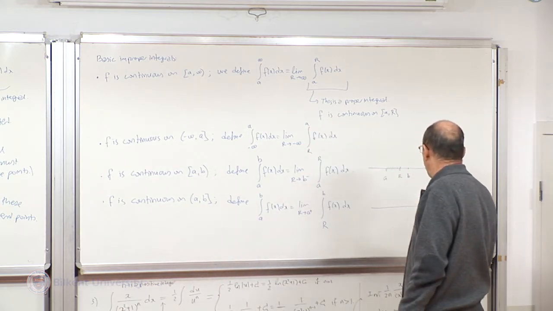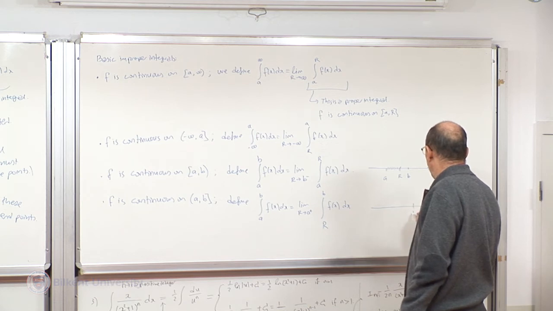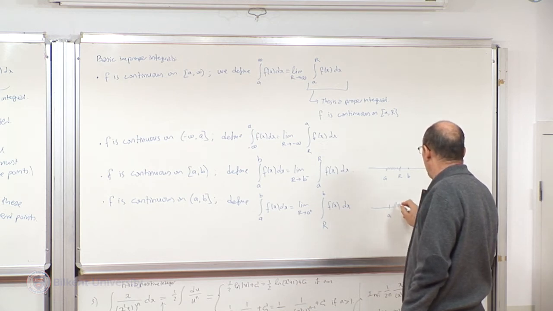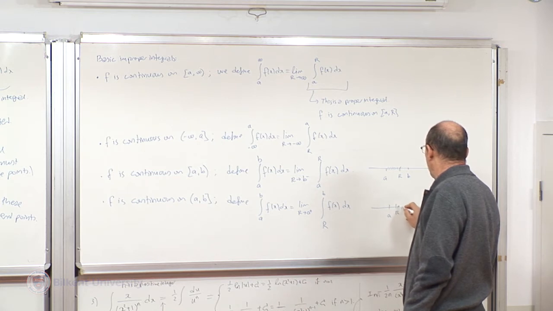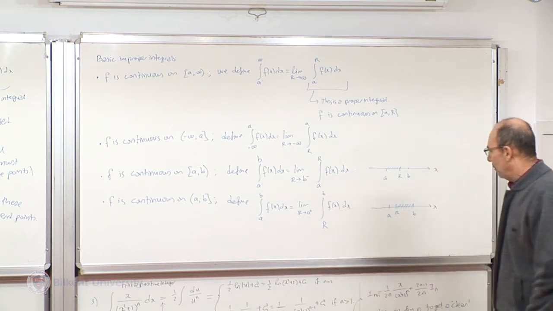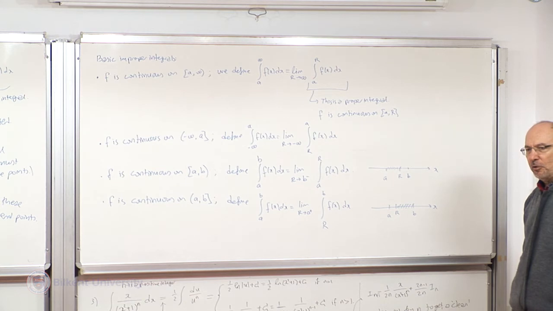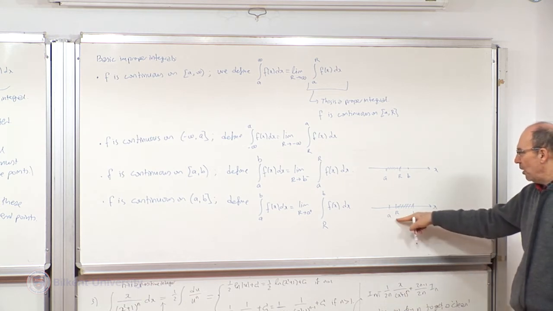So in this picture it is almost the same. This time you choose r here. You calculate the integral of the function on this interval. So that exists. And then you send r to a from above.